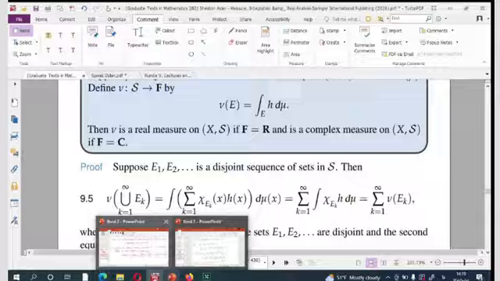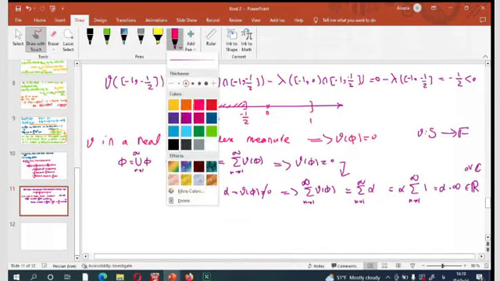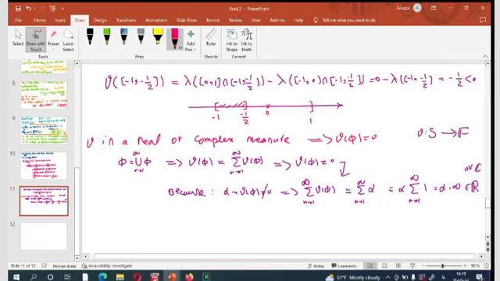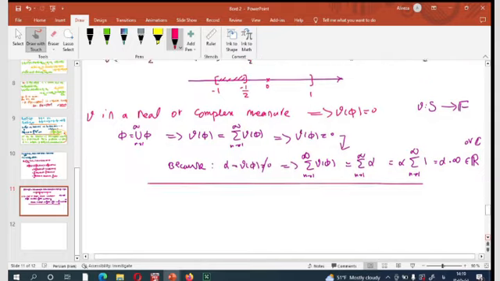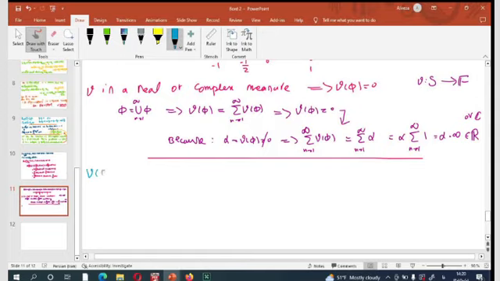Please note that nu of E equals the integral of h d mu on E, and this is equal to the integral of the indicator function of E times h d mu.